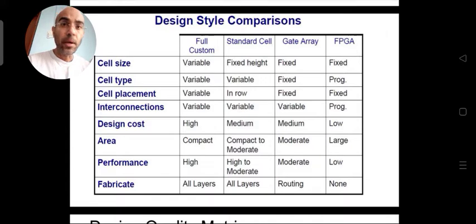Otherwise, all the things are variable in this. Whereas in the FPGA case or the gate array design, all the things are mostly fixed, or you can program some of them. The area required also changes, the cost also changes, and how to fabricate them also changes.